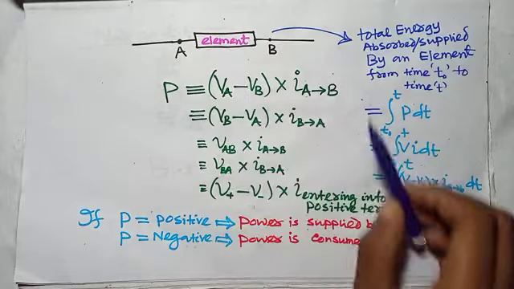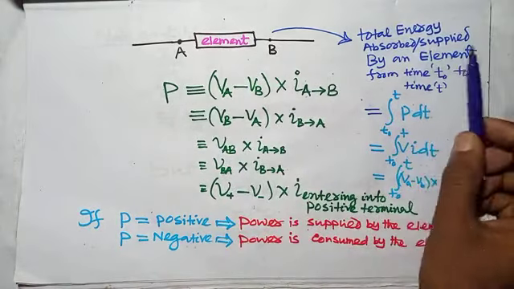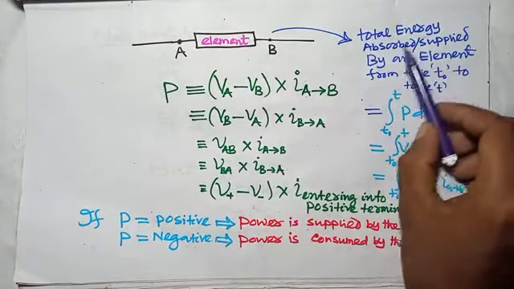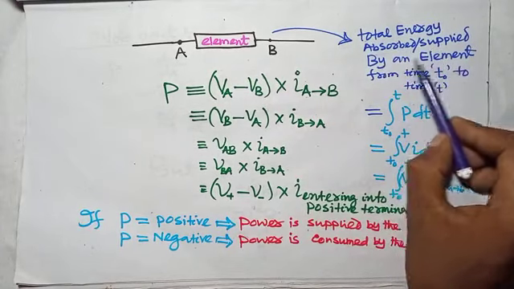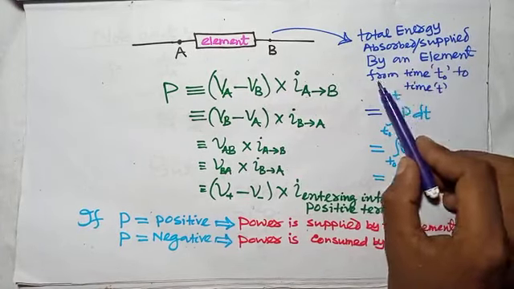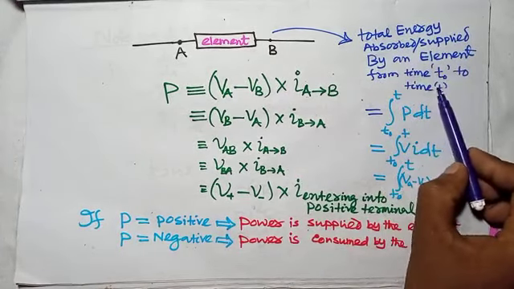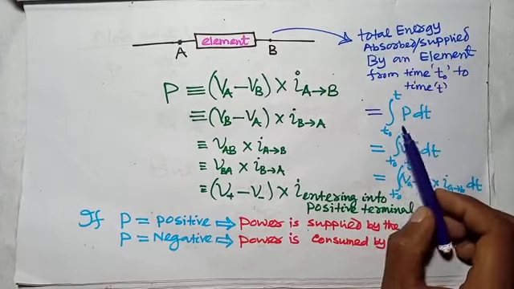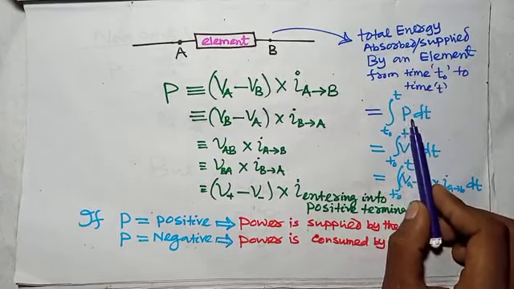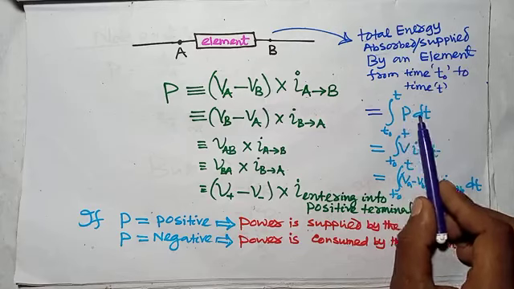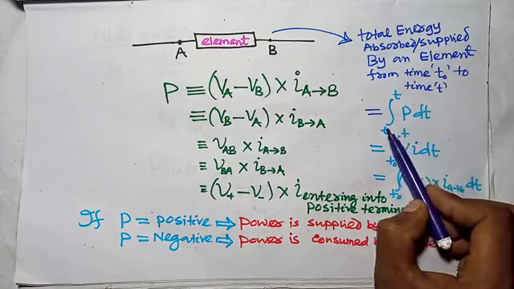There is one more interesting thing. If we want to calculate the total energy absorbed or supplied by a particular element from a time t0 to a time t, then that can be calculated by the integration of p with respect to time from t0 to t.